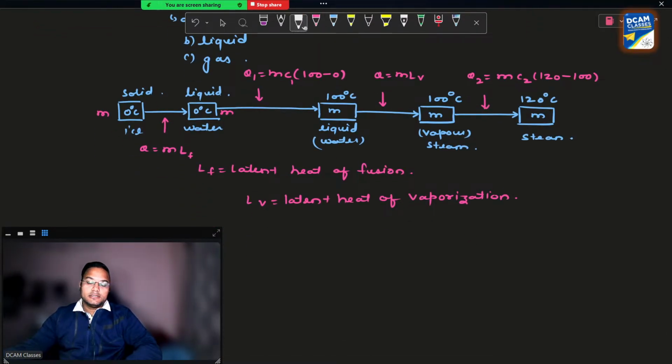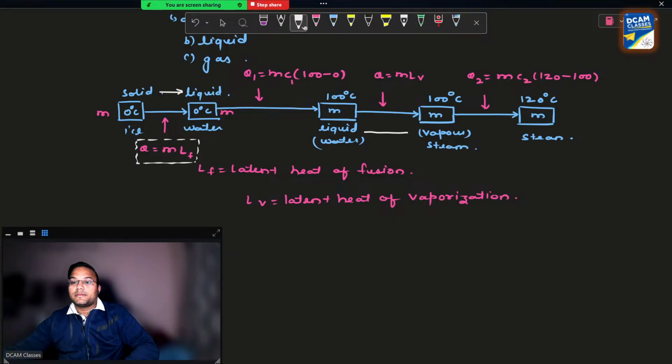What I was trying to teach you through this is the amount of heat involved during the phase change from ice to water, from solid to liquid, or from liquid to vapor. These two things. Clear?